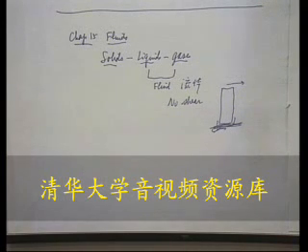Liquid, there's no shear. It has no resistance.